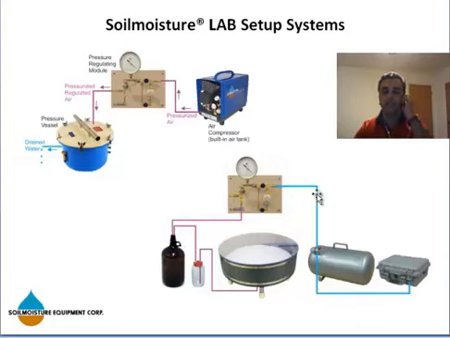Let me just add one last thing here before I forget. The pressure method also has a pressure tank, but you cannot see it here. It's a small pressure tank in model 0505.